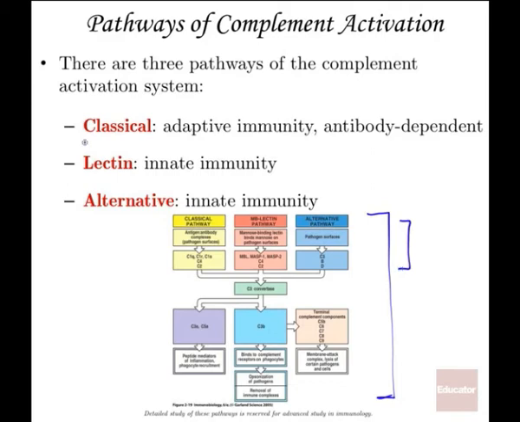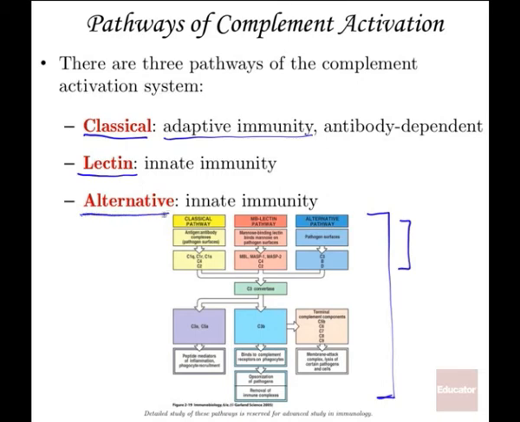So again, to review, the classical pathway is the pathway that interacts with adaptive immunity, the antibodies and the T cells. It's dependent on antibody. The lectin pathway, remember, is the pathway where complement proteins are activated in the presence of lectin carbohydrate patterns on the bacteria.